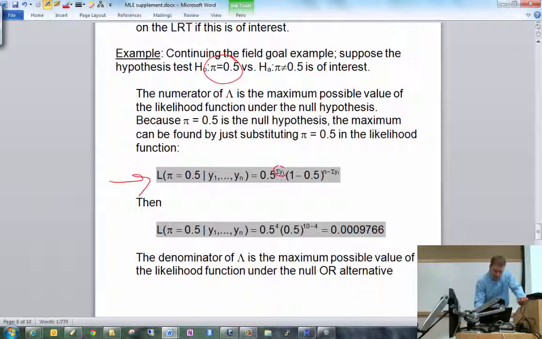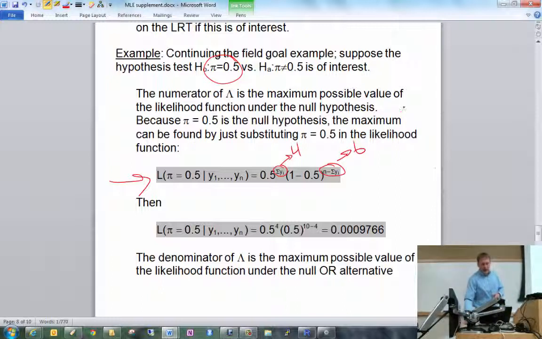And remember how I have the sum of the y's, the number of successes, and also I have n minus the sum of the y's, the number of failures in the likelihood function for what we saw before. If you remember, this was equal to 4, and this was equal to 6. So the maximum possible value of my likelihood function, if H0 is true, is very simple to find here. It's 0.0009766.